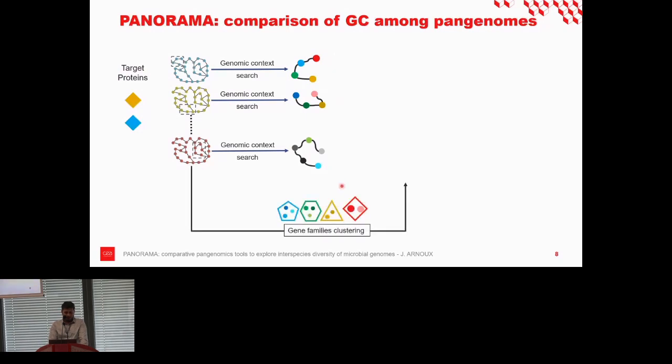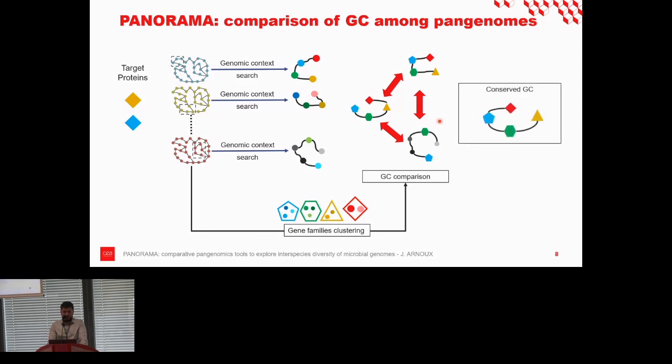And with a second piece of information, the similarity between families, thanks to gene family clustering to obtain super gene families, we can obtain information on genomic contexts that are similar. We have a system of score thresholds to say which systems are similar to one another. And at the end, we can say that we have a conserved genomic context between species.